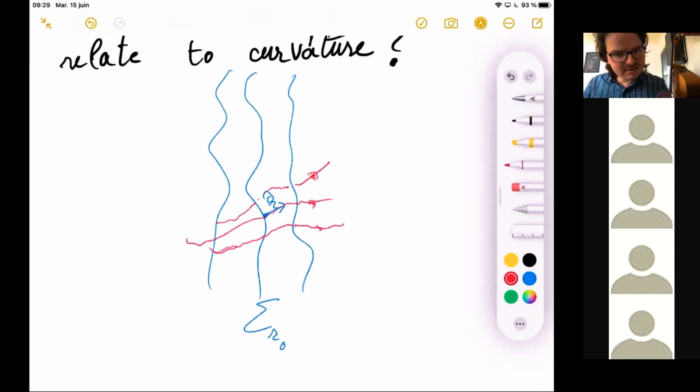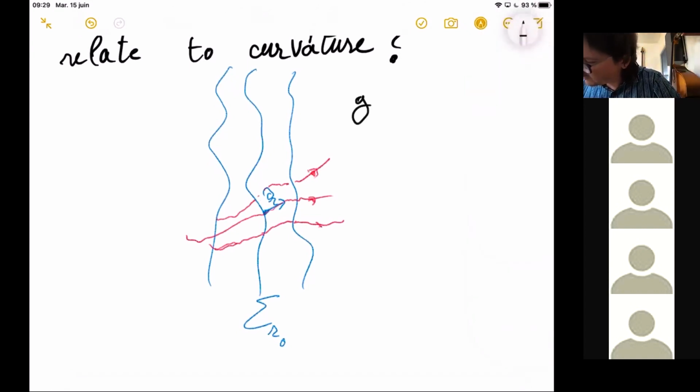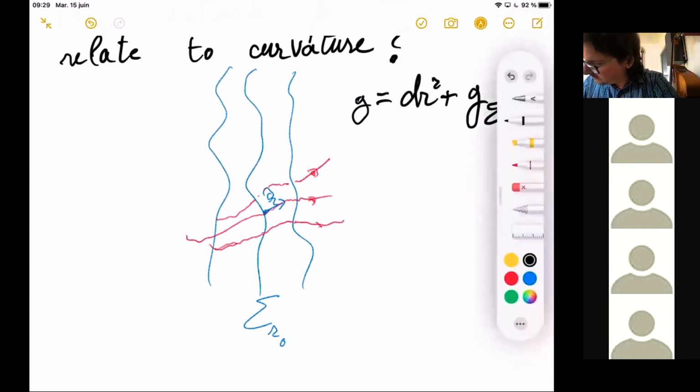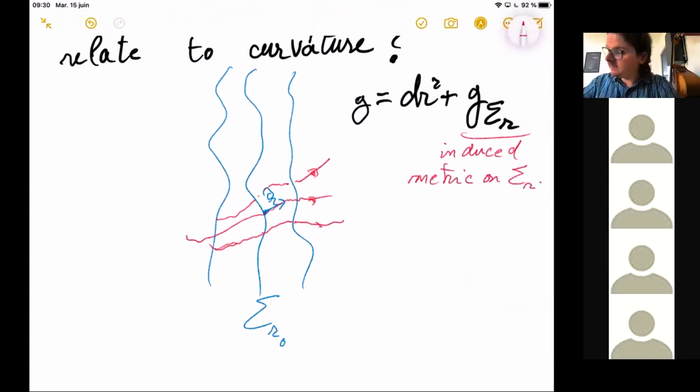Okay, and since del R is orthogonal to sigma, the metric G can be written as dr squared plus some metric on sigma r, which I will call G sub sigma r. And this is just the induced metric on sigma r.